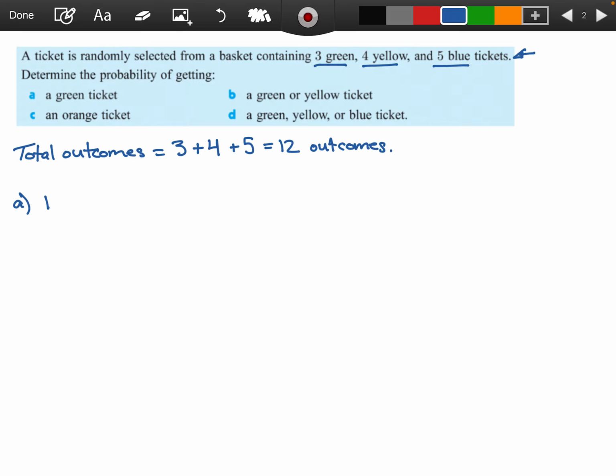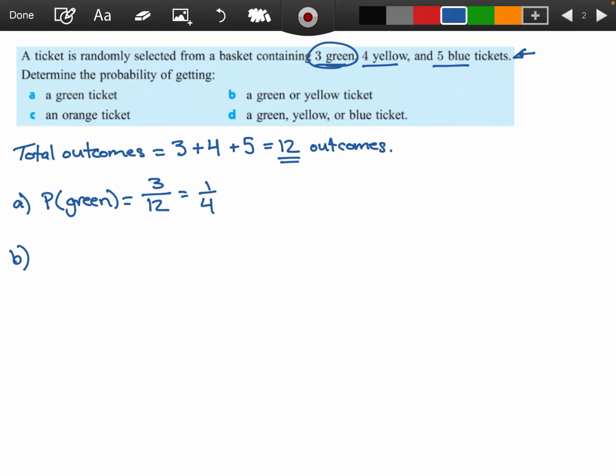In part A, we are working to figure out the probability of drawing out a green ticket. So we look at the number of green tickets in that basket, 3, and the number of tickets altogether, 12. So the probability that we will draw a green ticket is 1 out of 4.